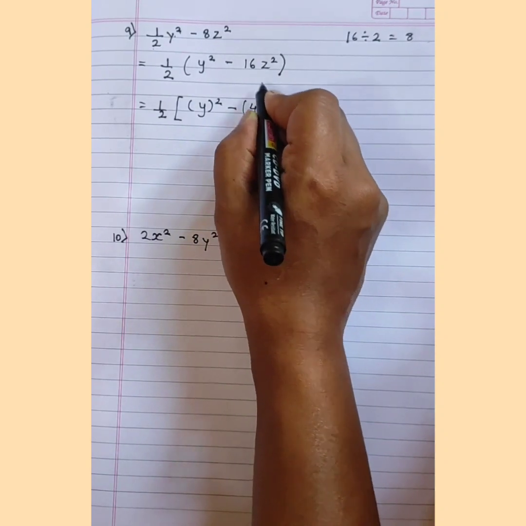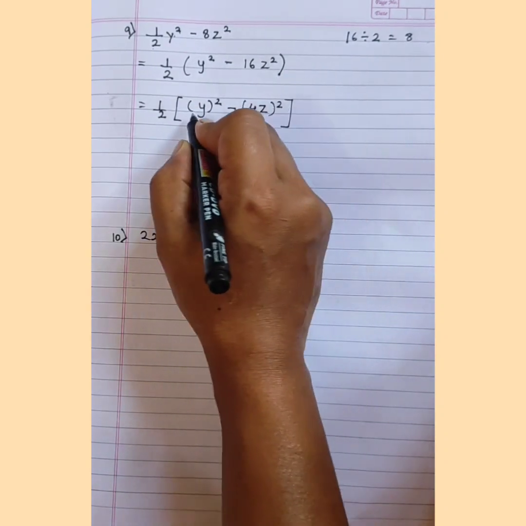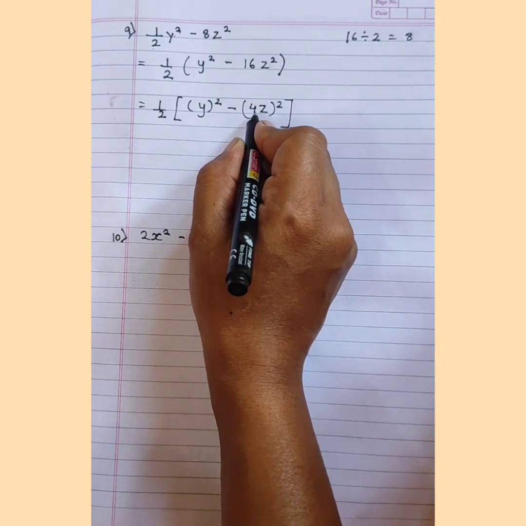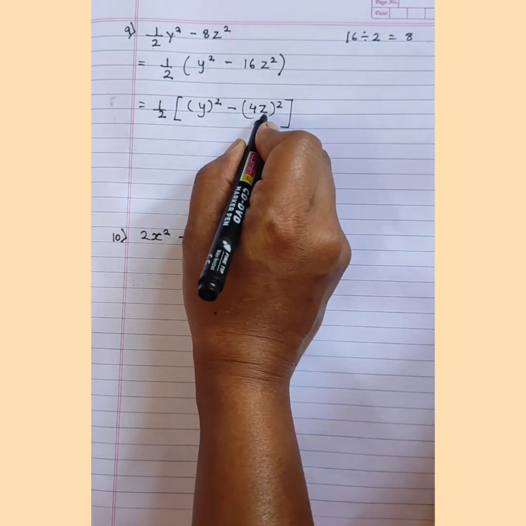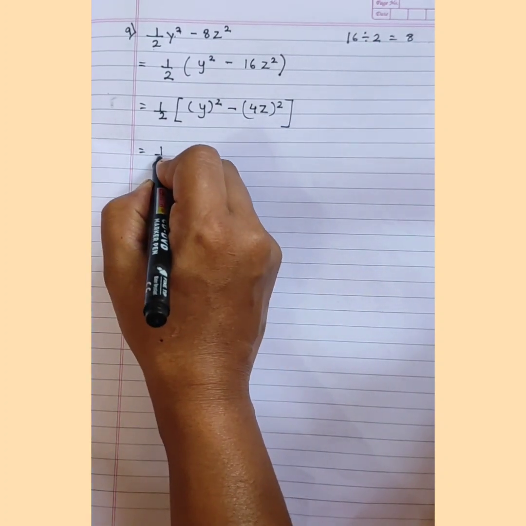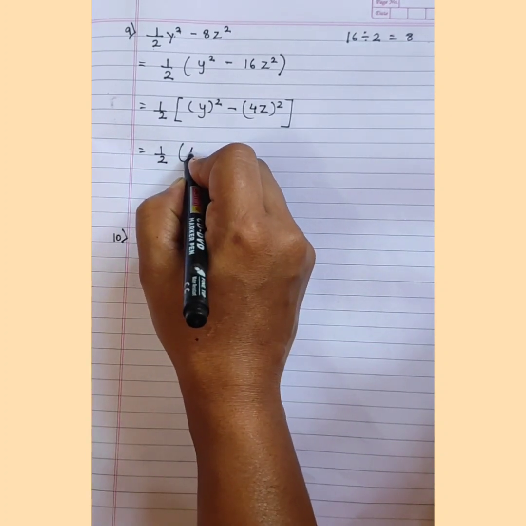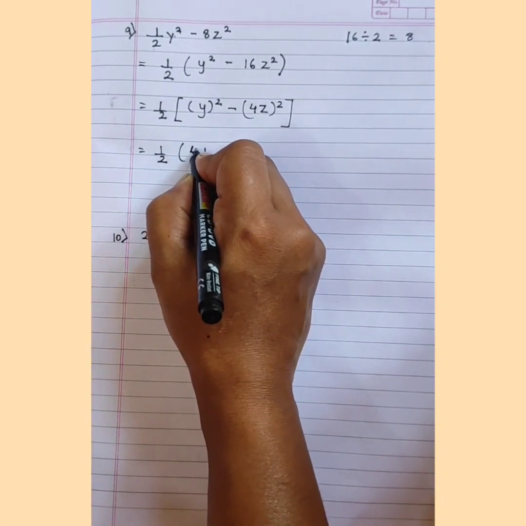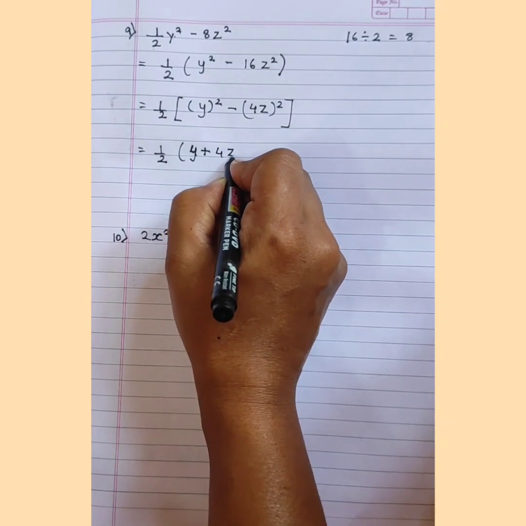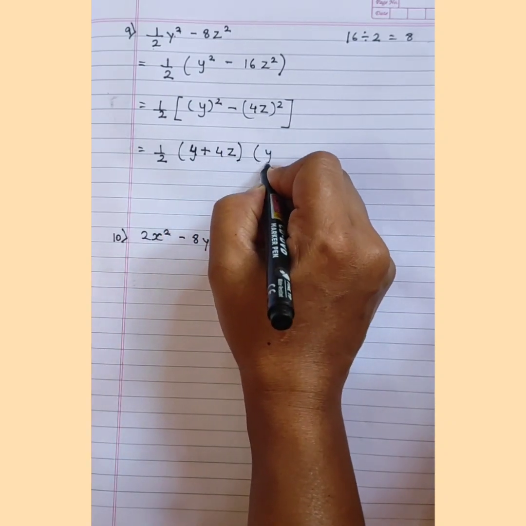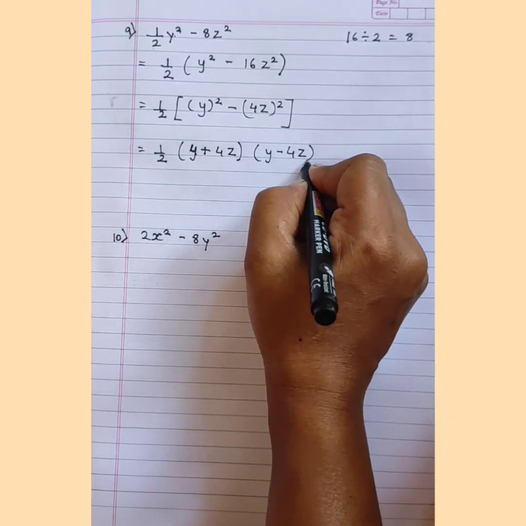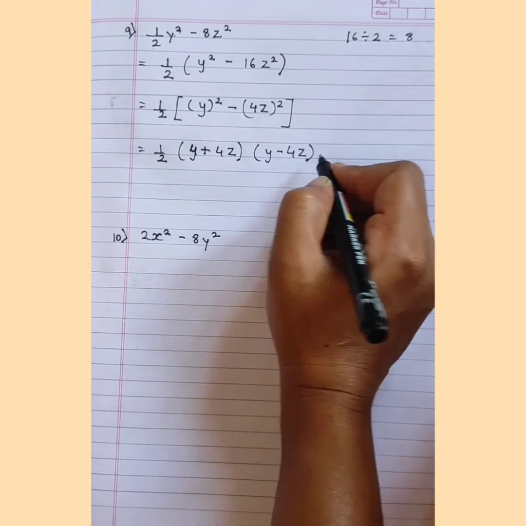So 4 into 4 you get 16. Now this is of the form a square minus b square is equal to a plus b, a minus b. So we can write half as y plus 4z and y minus 4z. This is how we factorize.